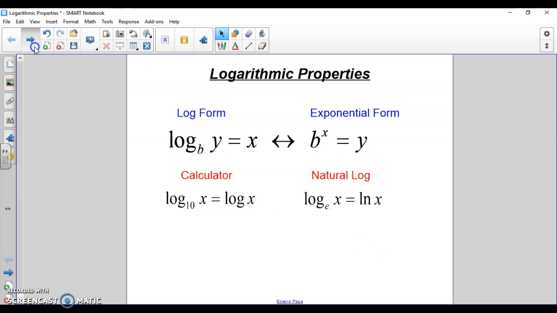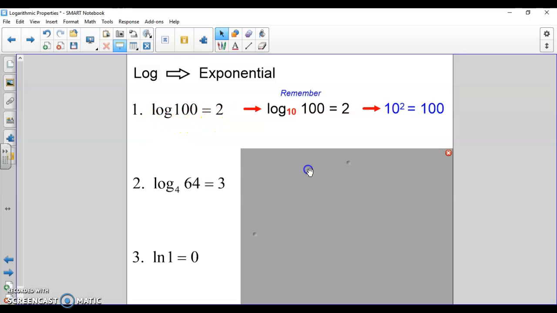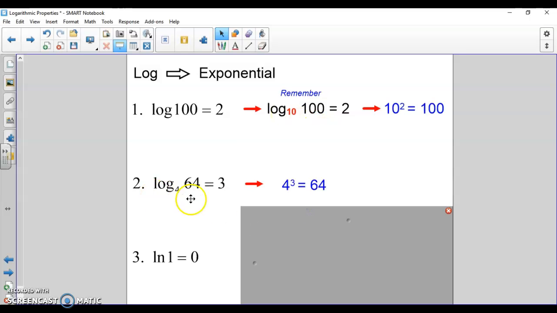So let's get a little extra look at rewriting back and forth. So here I just have log of 100 equals 2. Remember, if there is no base, it's going to be base 10. So in exponential form, this should be 10 squared equals 100. We got to remember that it's log base 10. One that we know, it's already in that form.